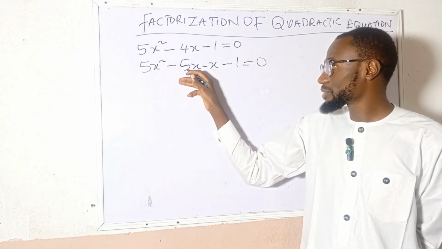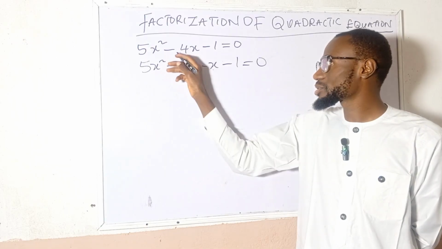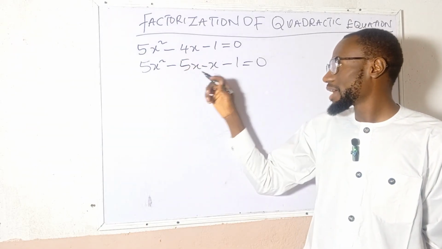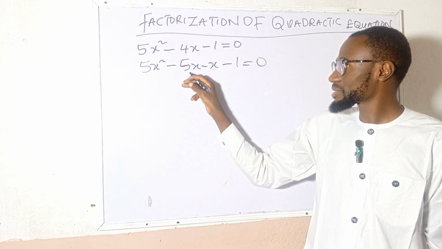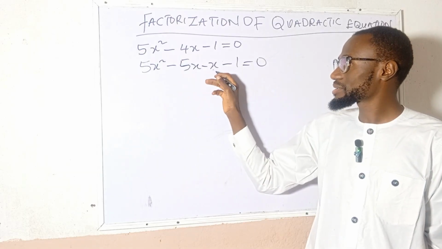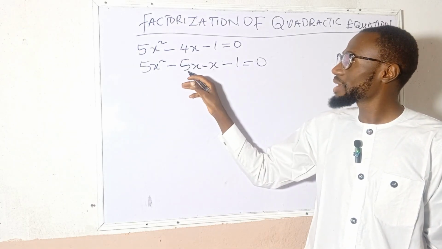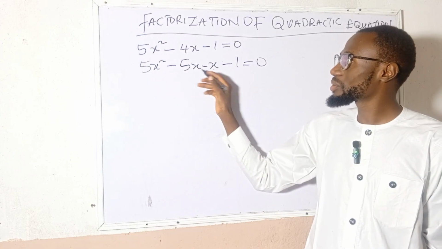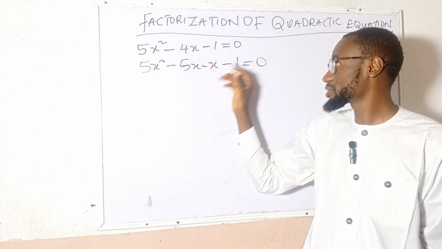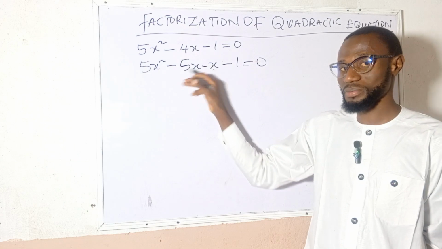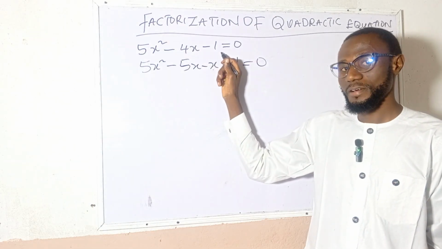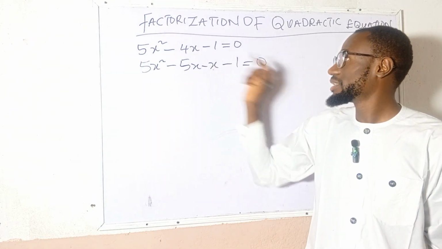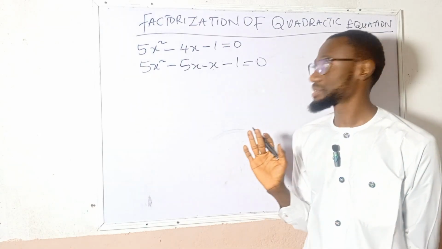Because 5x minus x is equal to 4x, and 5 times 1 is equal to 5, minus 5 times 1 is equal to minus 5. That is, this equation is satisfied.